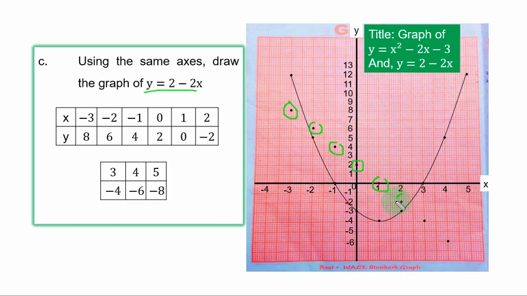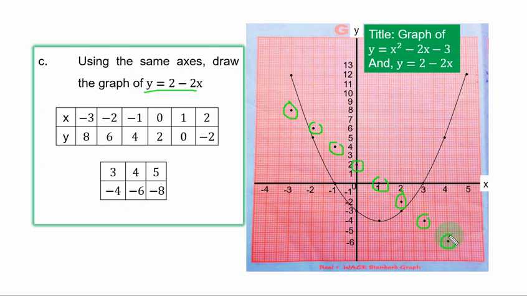This is 2, -2. You have 3, -4. This is 4, -6. The last point, you can discard it. Already the line has intersected with the curve from the way it is.